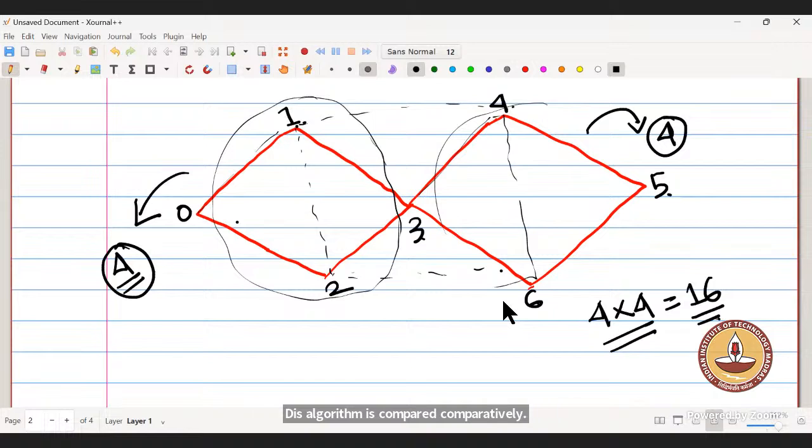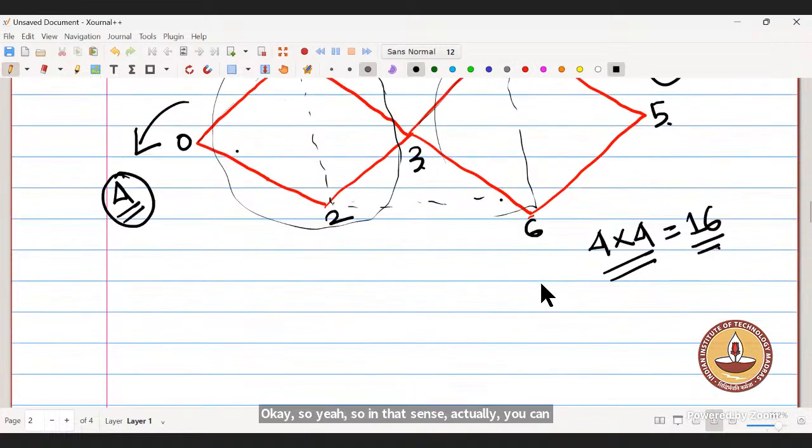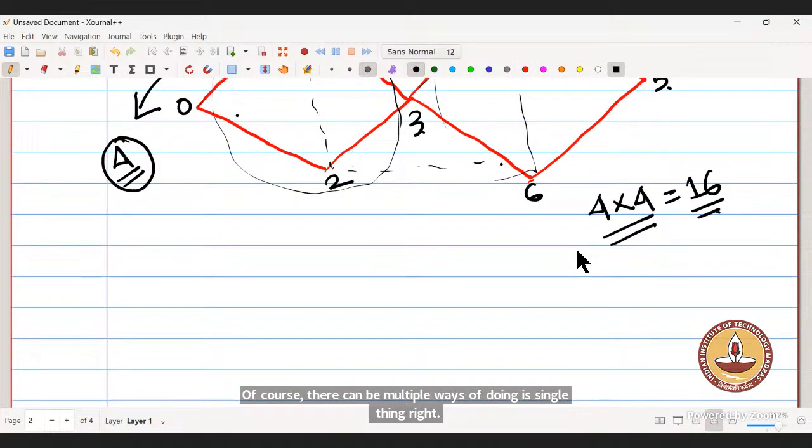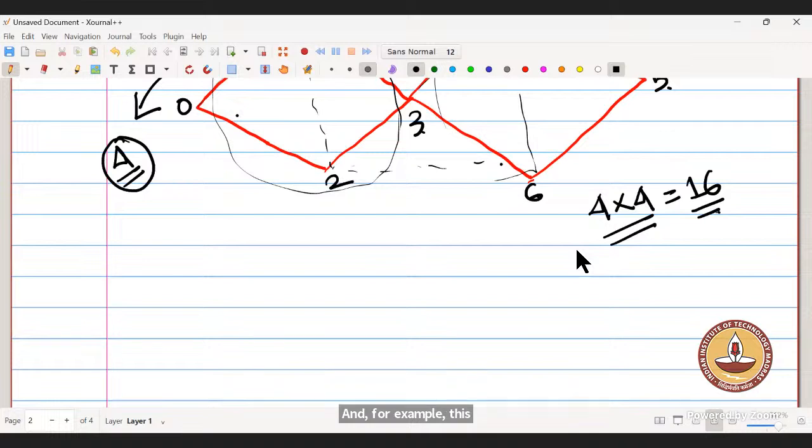Otherwise, of course, there can be multiple ways of doing a single thing, right? For example, if you talk about the single source shortest path, what is that algorithm? Dijkstra.